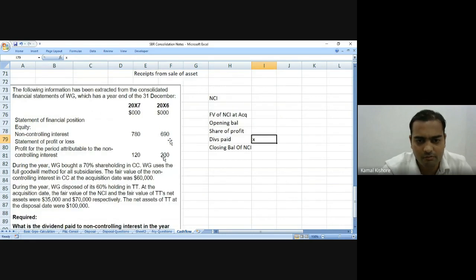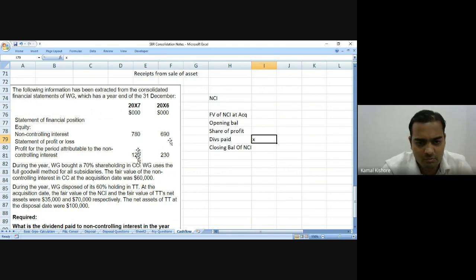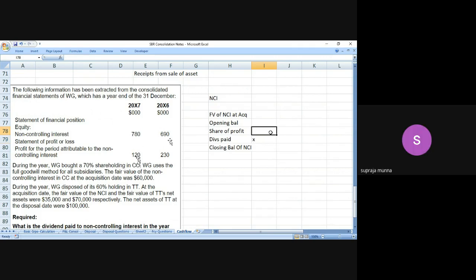Previous year profit is so much, current year profit is so much. Out of these two numbers, which number should we take here? 120.